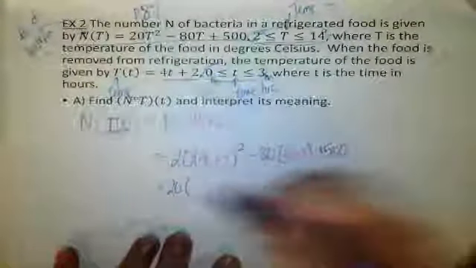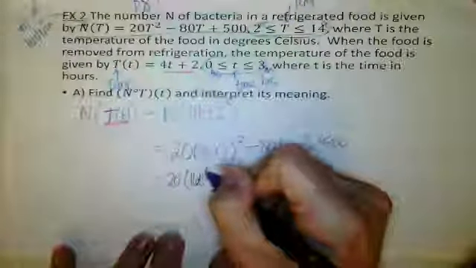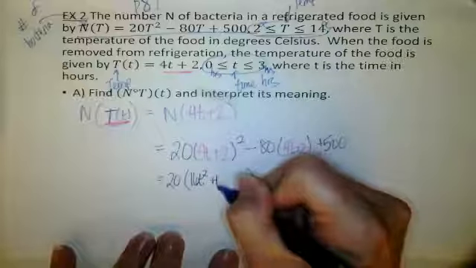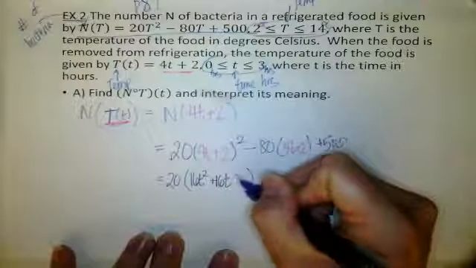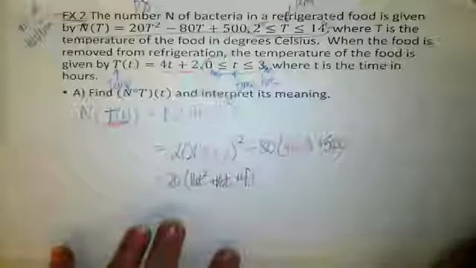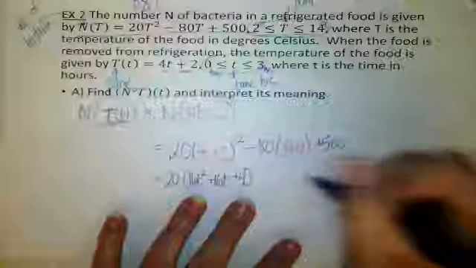So, all right. I want to expand 4t plus 2 squared. What is that? 16t squared. Good. 16t squared plus 16t plus 4, when you FOIL that out.